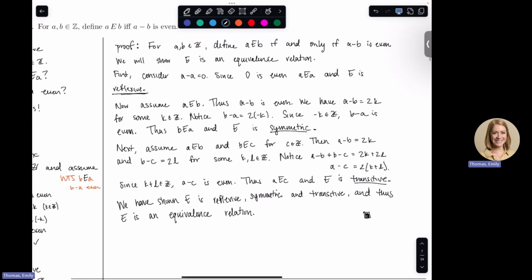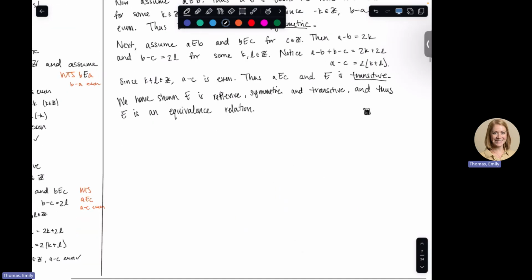We need to do equivalence classes on this one. So pick your favorite integer number. 6. So the equivalence class of 6, what does that mean? This is the part that really gets students most of the time. What does it mean to be in the equivalence class of 6?